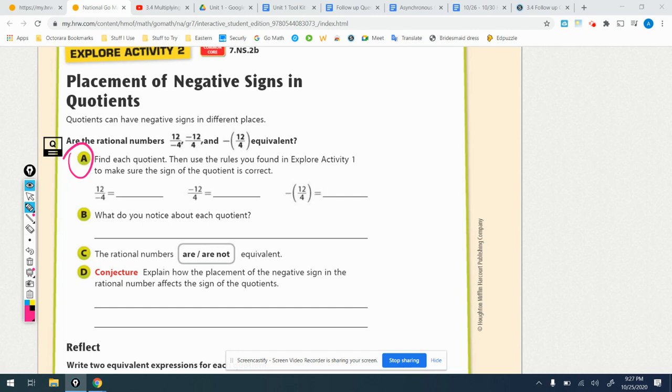Okay, so I have 12, and I am dividing it by a negative 4, which really I know because I have one negative and one positive, my answer is going to be a negative answer. 4 goes into 12. 4, 8, 12. That would be 3 times. And 3 times 4 is 12. So there's nothing left over. Okay. So my answer for that one would be negative 3.